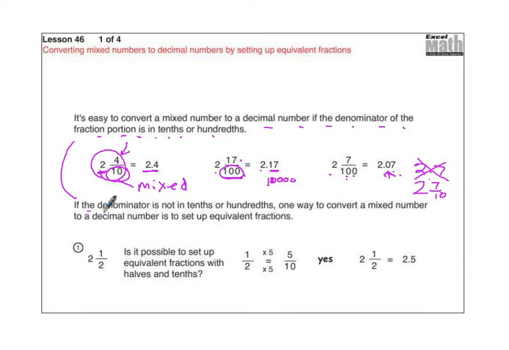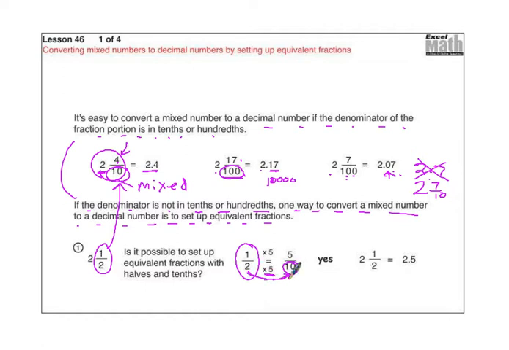But what happens if the denominator is not in tenths or hundredths? One way to convert a mixed number to a decimal is to set up equivalent fractions. In other words, changing this fraction into a fraction that has tenths or hundredths first, and then it becomes a simple problem. So here they show you that 1/2 we can try to change into tenths, and 2 does go into 10 by multiplying by 5.